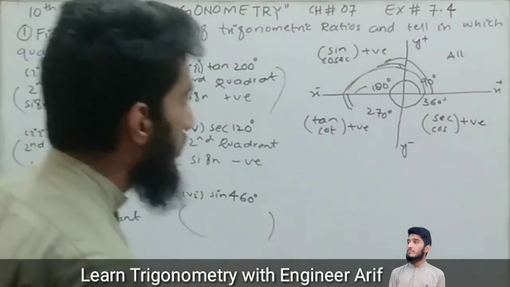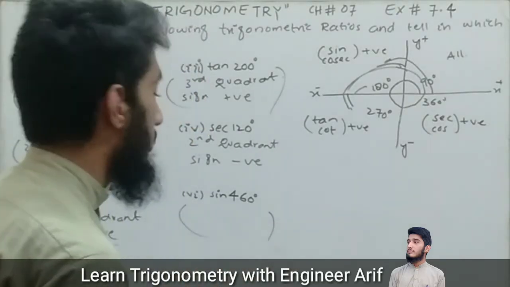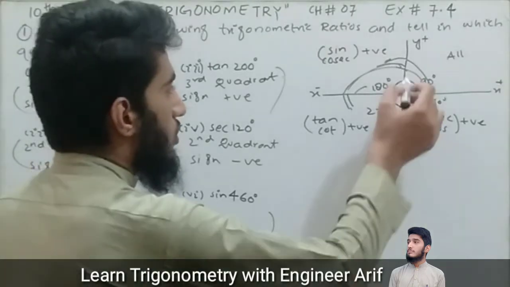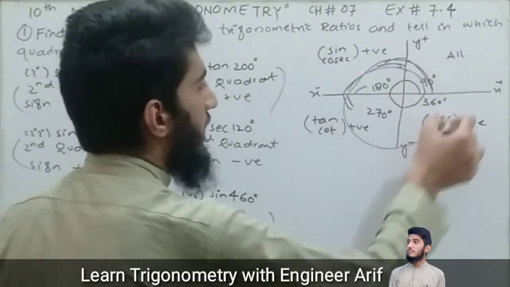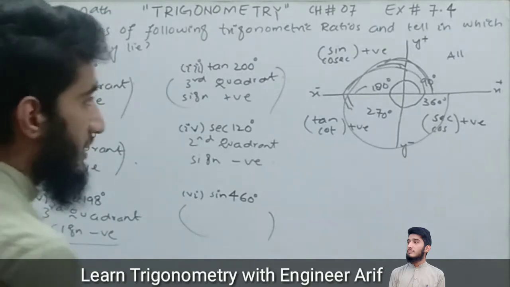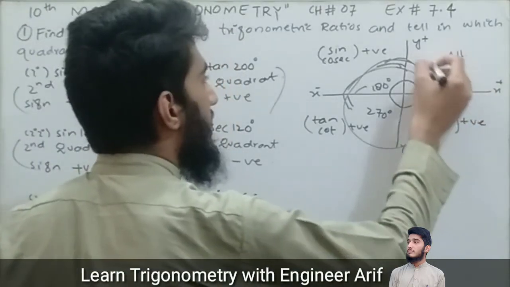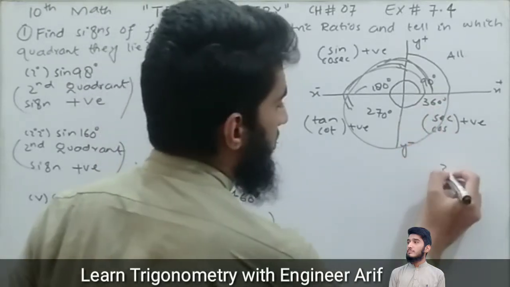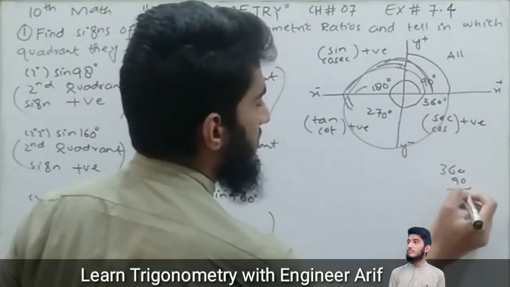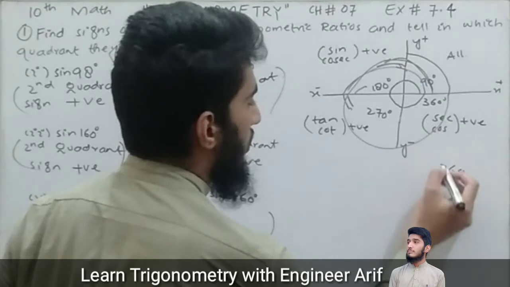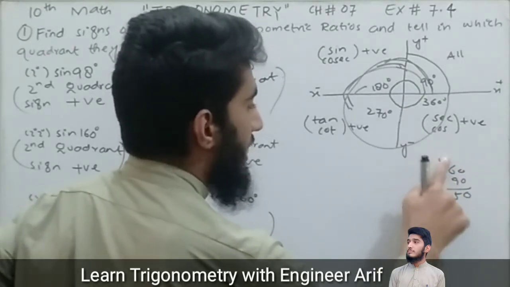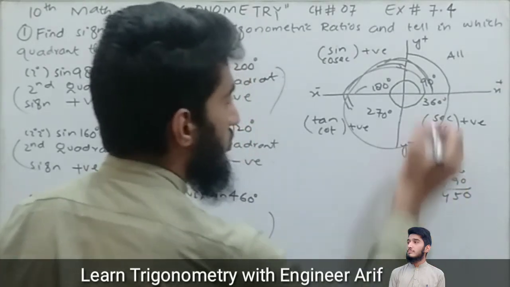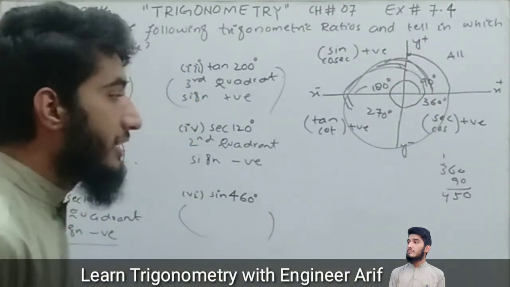Move to the last part, part number 6, sine 460 degree. Will it be positive or negative, and in which quadrant does it lie? One rotation is equal to 360 degree. Further adding 90 to 360, it will give us 450 degree.